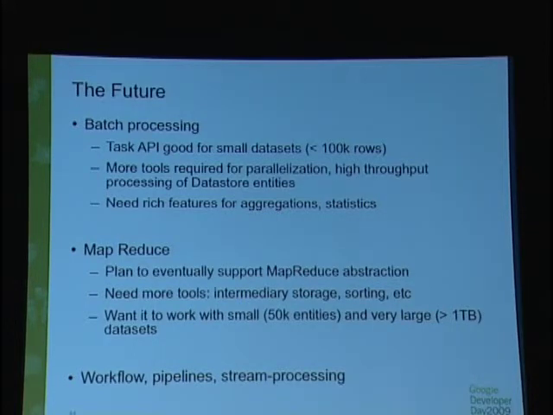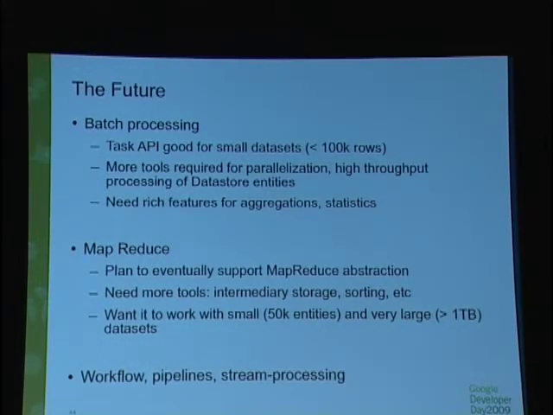To do that, we're going to need an intermediate storage facility, a reducing sorter, and a bunch of other pieces that are missing right now. We want our MapReduce to work with both small data sizes, like 50,000 entities, and data sets well over a terabyte. We also want things that help with workflow pipelines and stream processing, which are all great fits for the TaskQueue API.